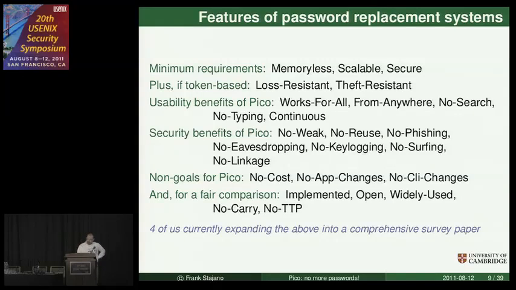So continuous is a benefit whereby you authenticate with an explicit action at the beginning, but then the verifier can keep on checking that you are still there.